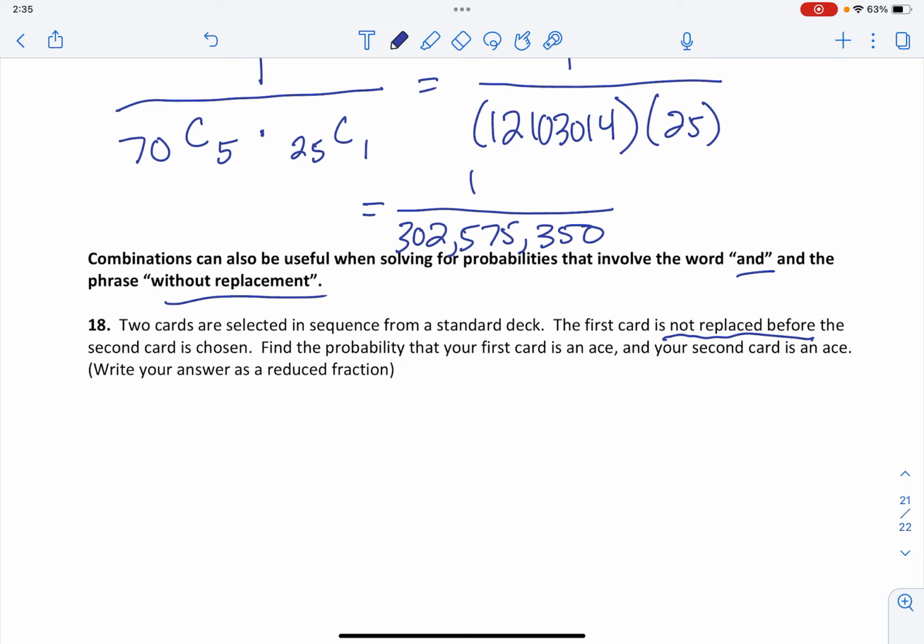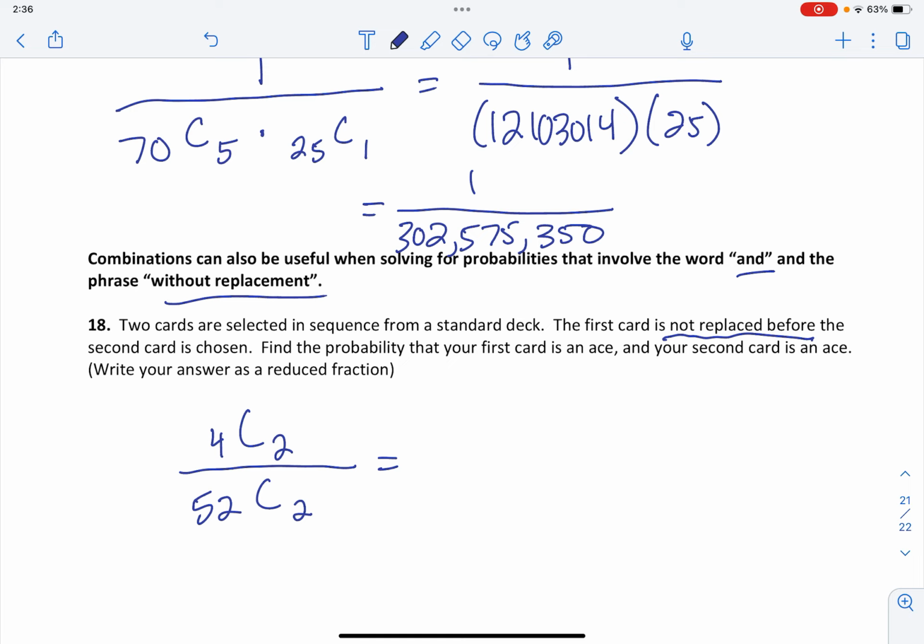Find the probability that you get 2 aces. Okay, so the bottom number is just how many ways can you select 2 cards from a deck. 52 cards, you're choosing 2. 52 choose 2. The top number is how many ways are they both aces. So there's 4 aces, and you're choosing 2 cards. That's 4 choose 2.